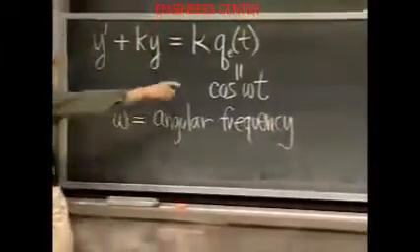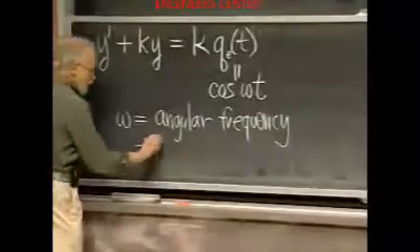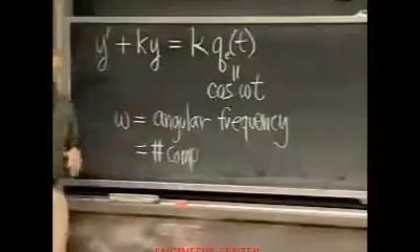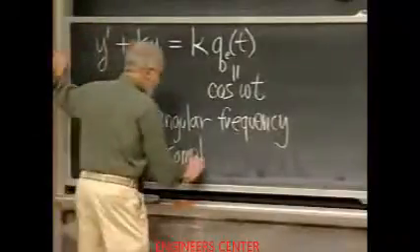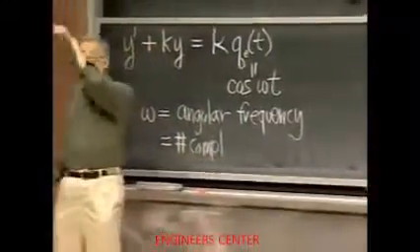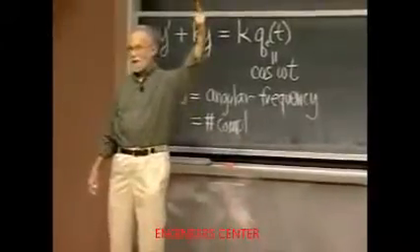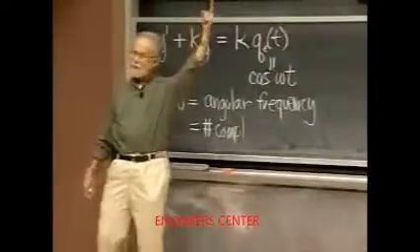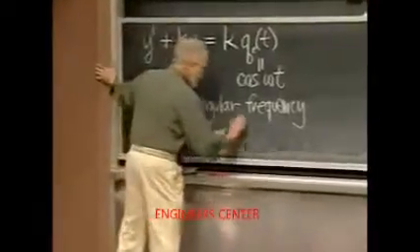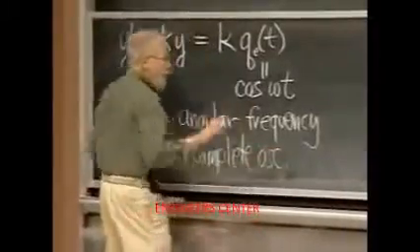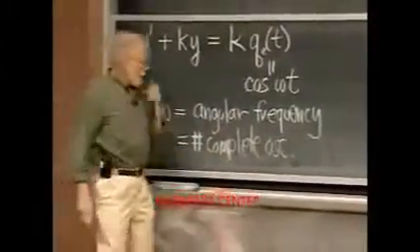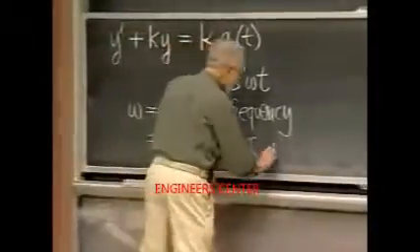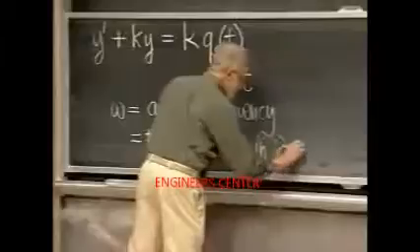It's the angular frequency. In other words, it's the number of complete oscillations. This cosine omega t is going up and down, right? So a complete oscillation is it goes down and then returns to where it started. This is only half an oscillation because you didn't give it a chance to get back. So the number of complete oscillations in how much time? In the interval of length 2 pi on the t-axis.